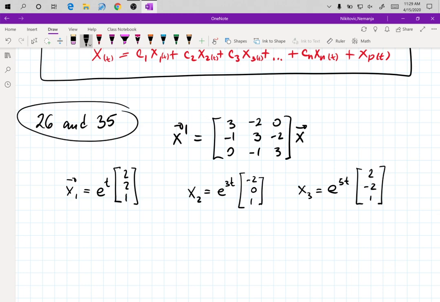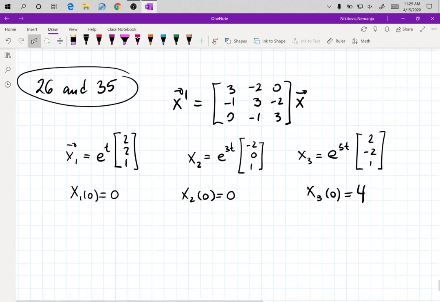Finally, in problem 35, they give us that x1 of 0 is 0, x2 of 0 is 0, and x3 of 0 is 4. The next problem has 10 and 12, so small numbers are better.